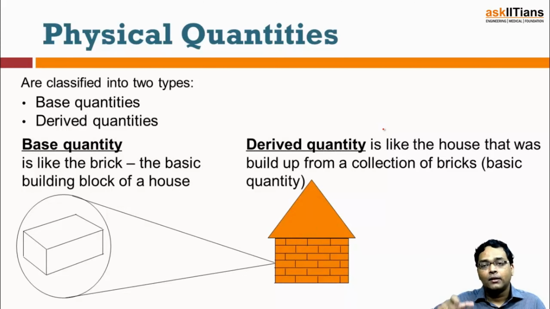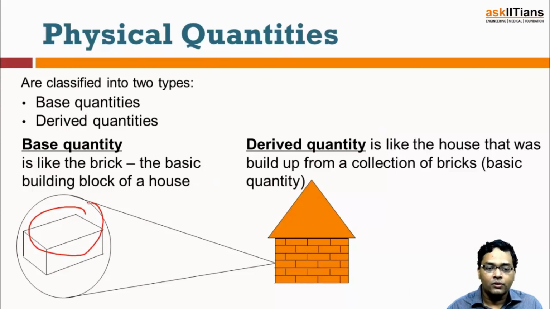Let's say each brick is a base quantity, and if you build up a house, the house is nothing but a derived quantity. So this is the way you derive from the base quantity a derived quantity. Each brick, when you combine them together, gives you what is known as a derived quantity.